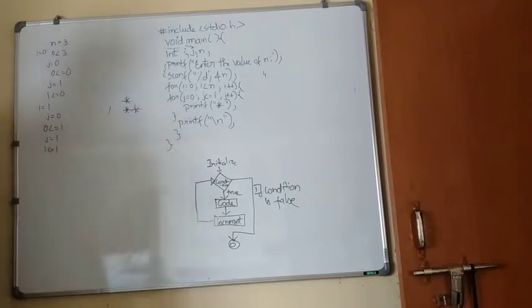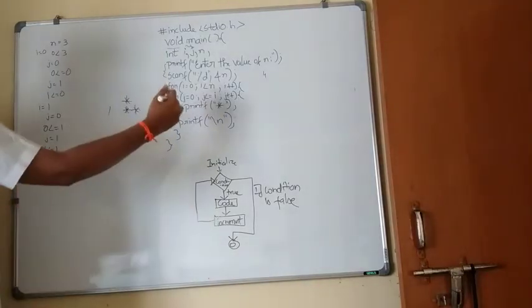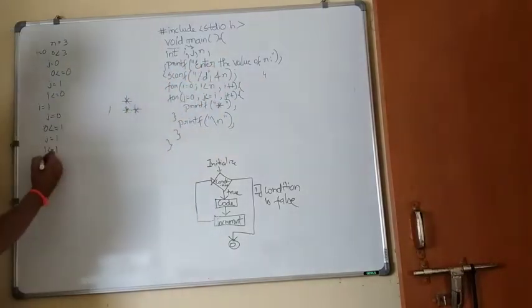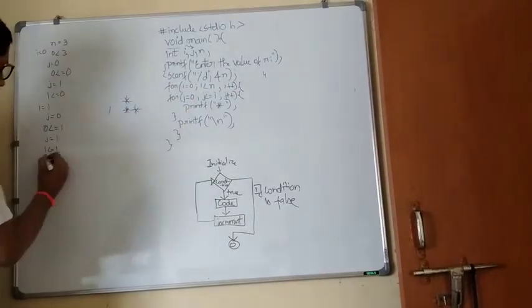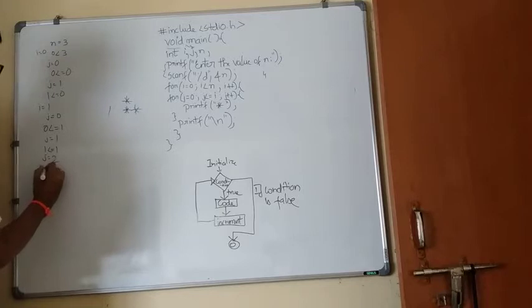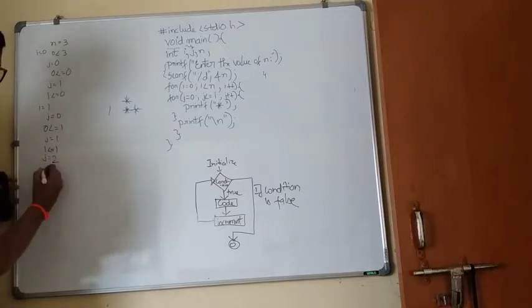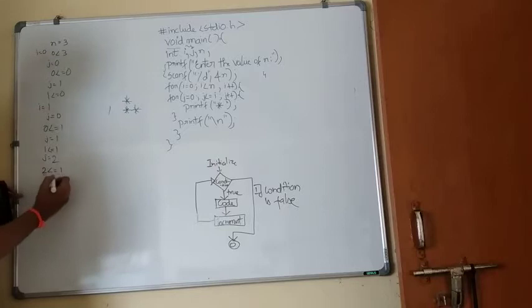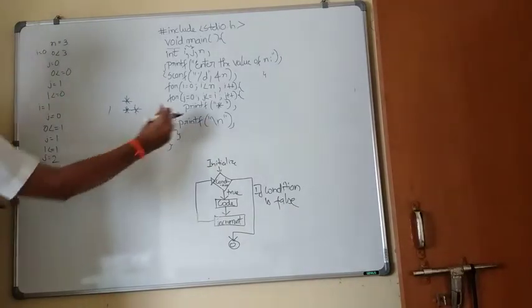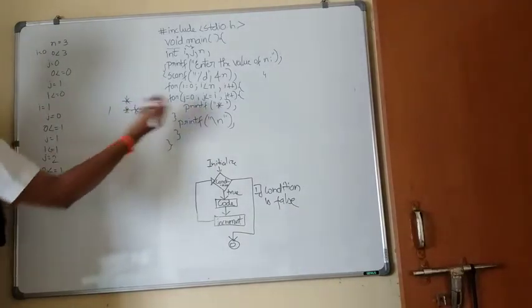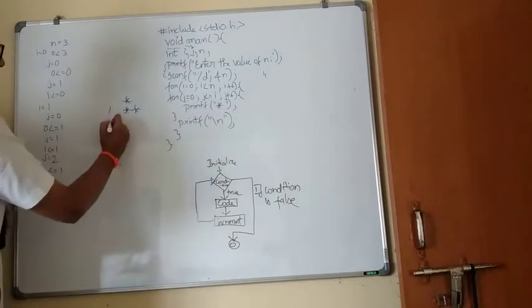Then again j is incremented, so j becomes 2 now. j is less than or equal to i, that is 2 less than or equal to 1. Is this true? No, this condition fails now. As this condition fails, a star is not printed. It comes out, and again printf brings it to the next line.